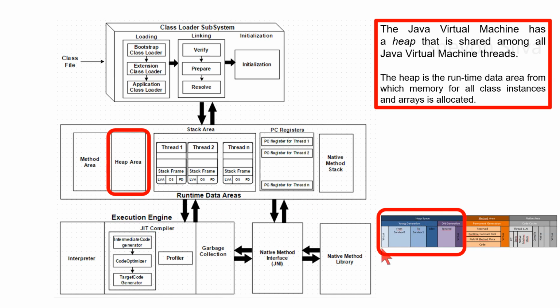In this diagram you can see heap area here. It has young generation, old generation, survivor 0, survivor 1, Eden, and tenured areas.